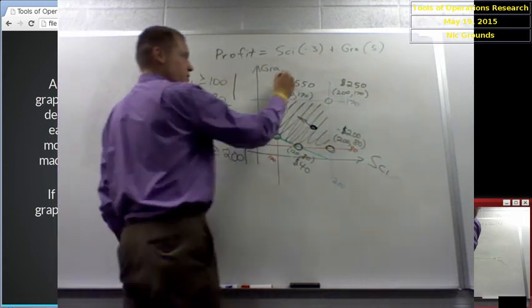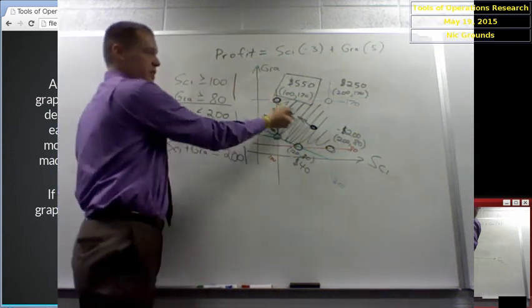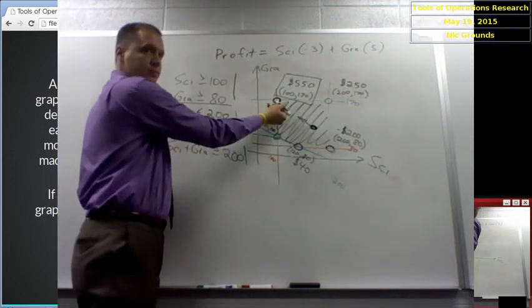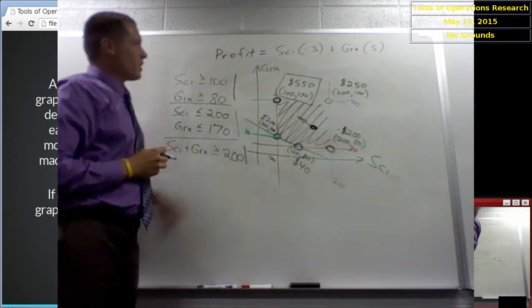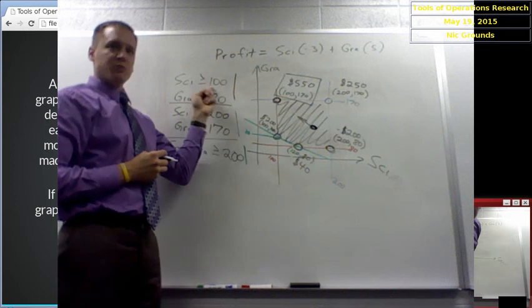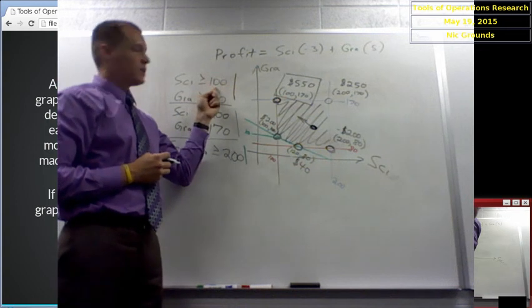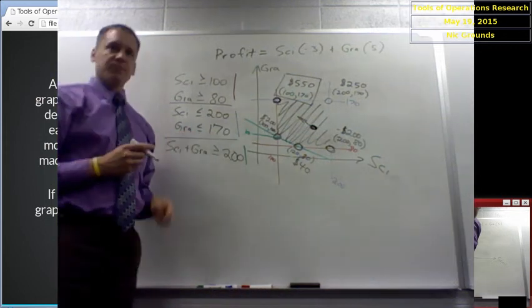So as our intuition would have told us, maximizing profit occurs in this corner of the constrained space. And we maximize profit by building the minimum number of scientific calculators we could, 100, and the maximum amount of graphing calculators we could, 170.